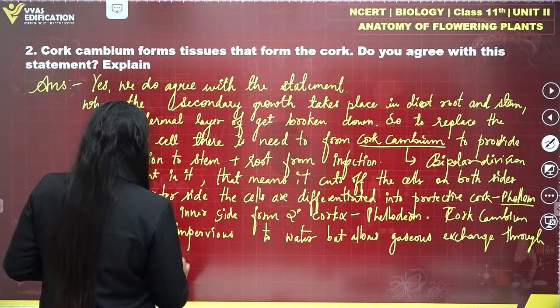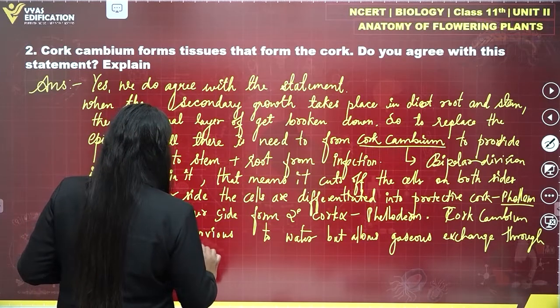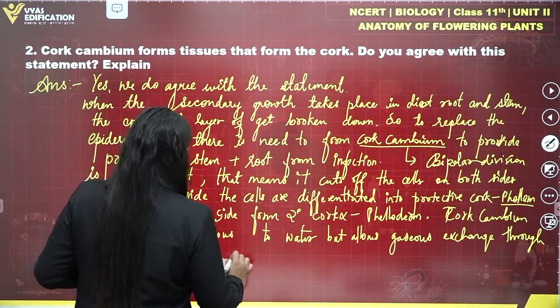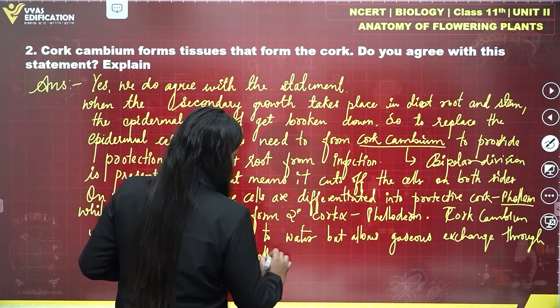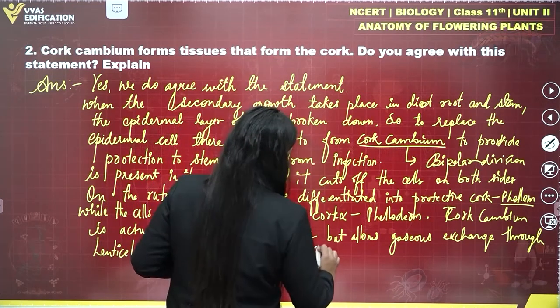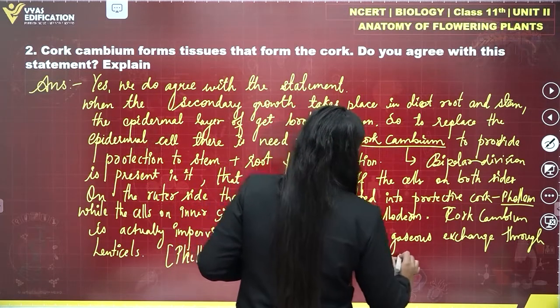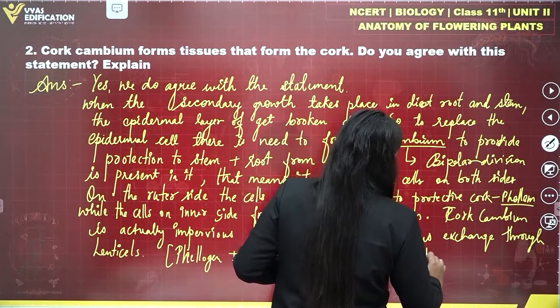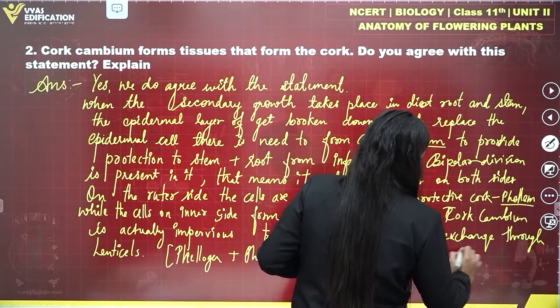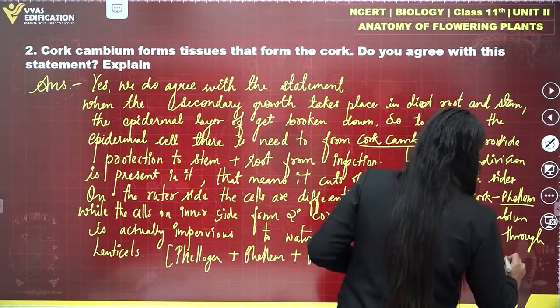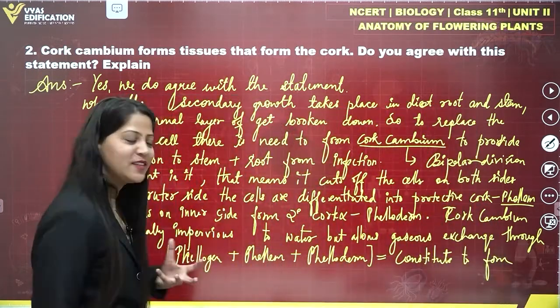Right? Now, this phellogen plus phellem and phelloderm, all these constitute to form a new layer which is known as periderm.